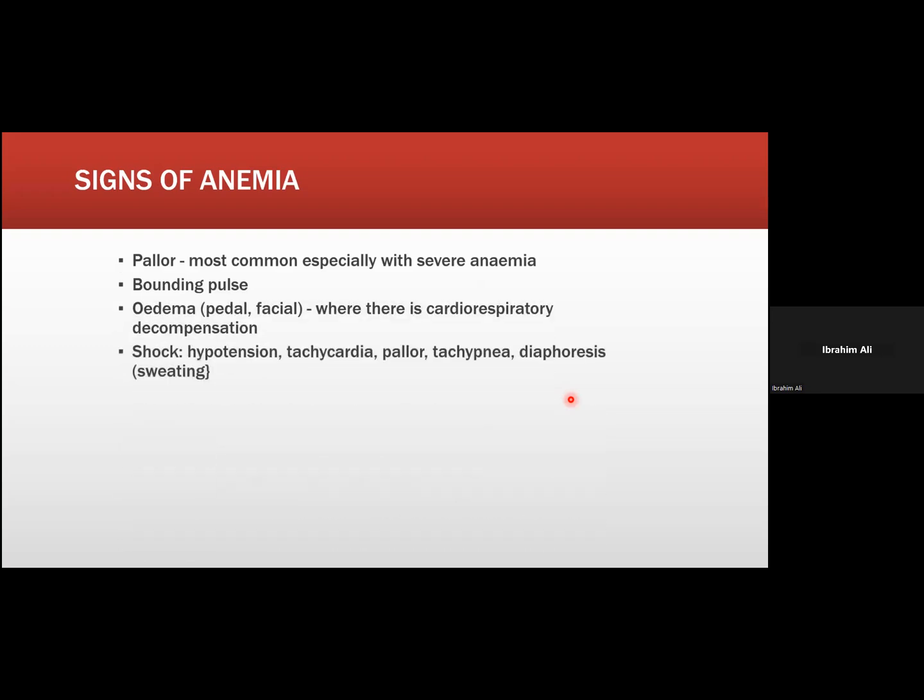For the pallor, there are three areas that you can look at: the palm of your hand, the conjunctiva of your eye, and the dorsum of the tongue. If the patient is anemic, we'll see those three areas to be pale. And also we have a bounding pulse.